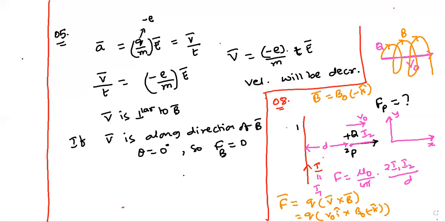So F bar equals B naught Q V naught with minus sign outside, I cap cross K cap. So if you take the negative sign inside, B naught Q V naught K cap cross I cap. K cap cross I cap means J cap, along the y axis.